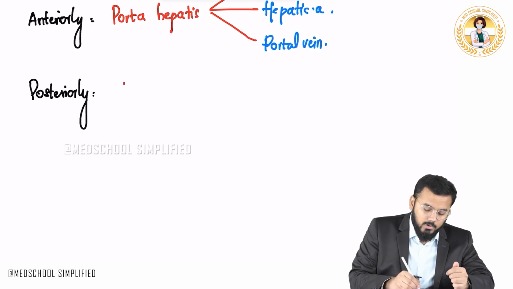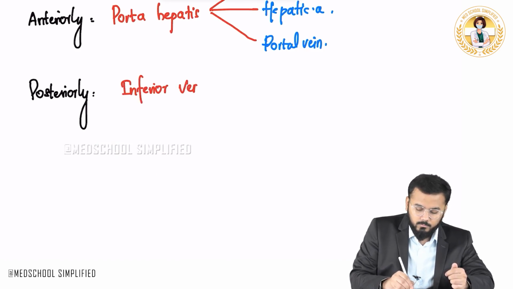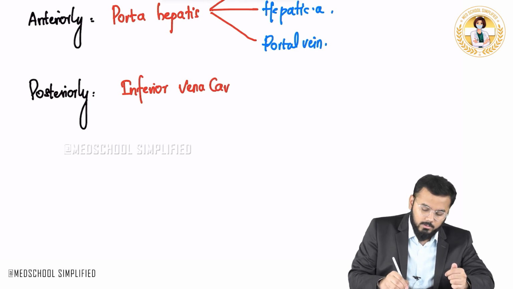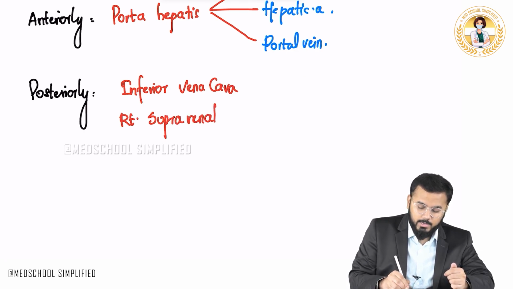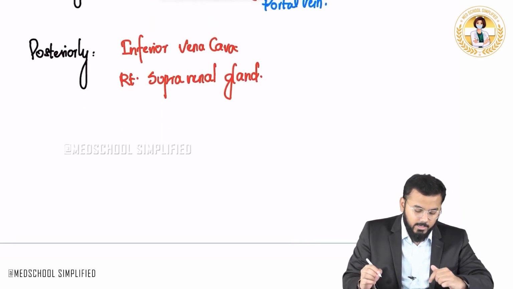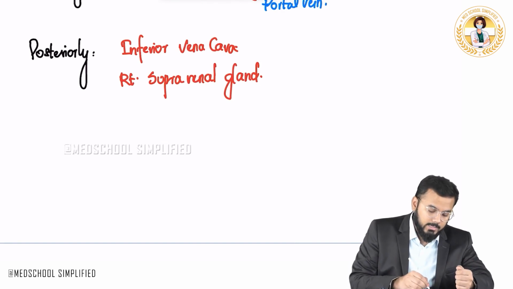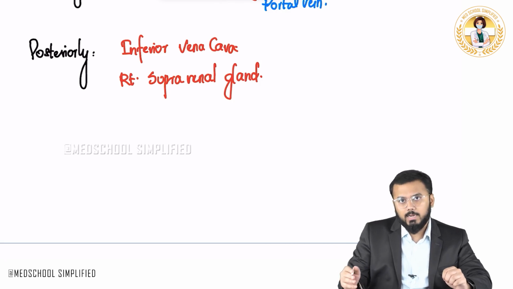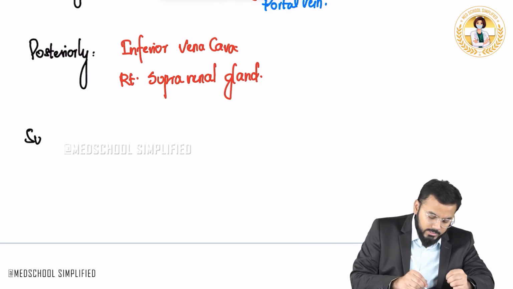So posteriorly we have the inferior vena cava and the right suprarenal gland. After that, we have another important thing, that is superiorly as well as inferiorly.